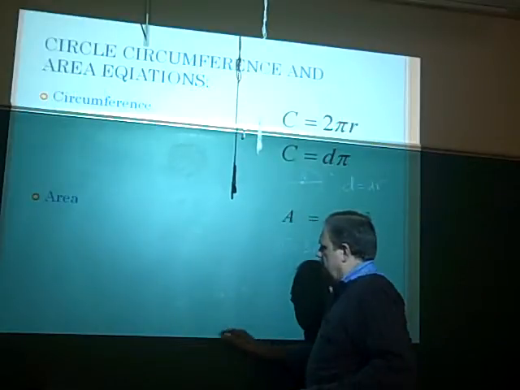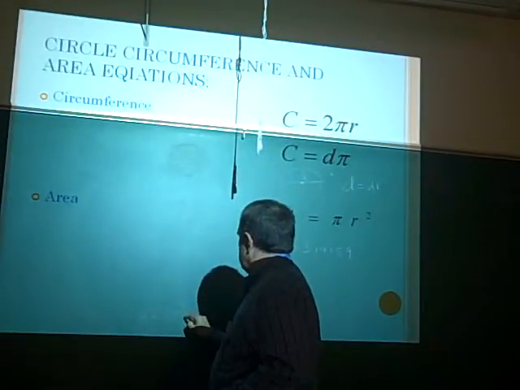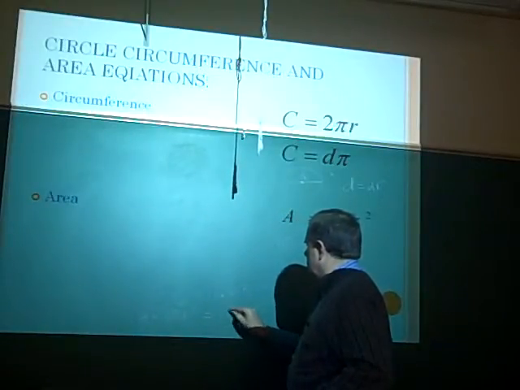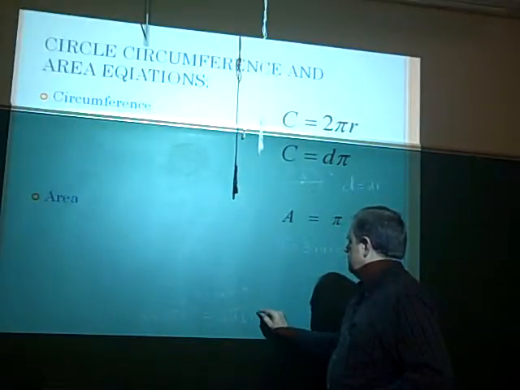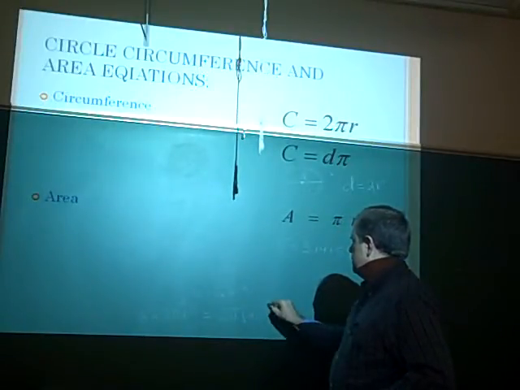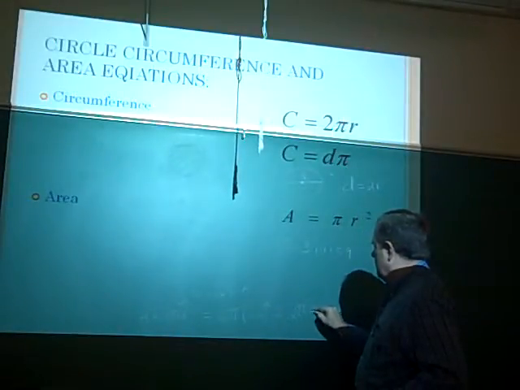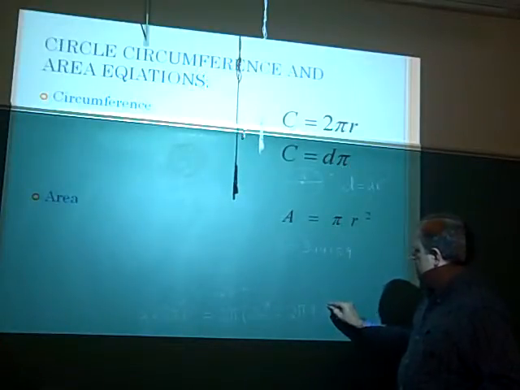So the area is equal to pi r squared. If we're still looking at a radius of 2 inches, that would be pi times 2 inches, in parentheses, squared, would be pi times 4. But now instead of inches, it's inches squared.